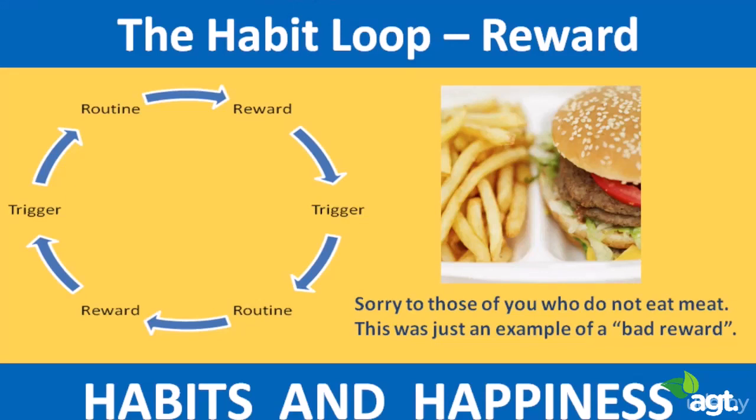You go to the diner, you see it on the menu, you see almost everyone around you having it. And as soon as you see this picture, you're just going to order the hamburger, right? So coming into the diner triggered it. You order your hamburger, your routine is now to eat and enjoy, and your reward is immediate, you just feel good. That was a great burger, right? I just really feel good.